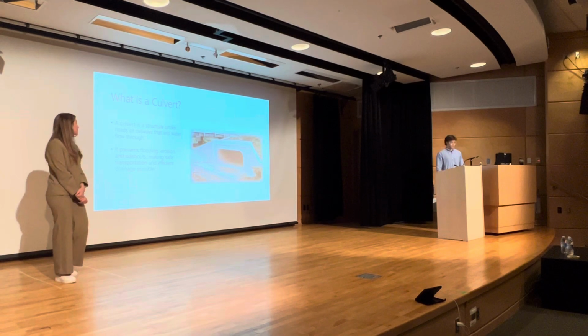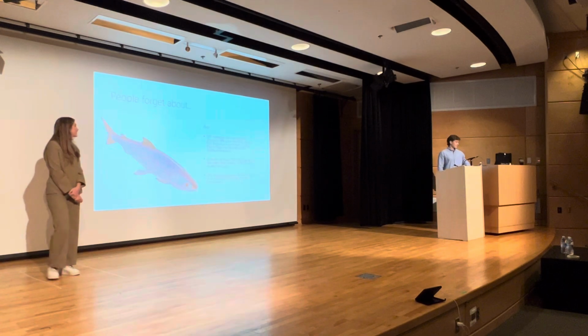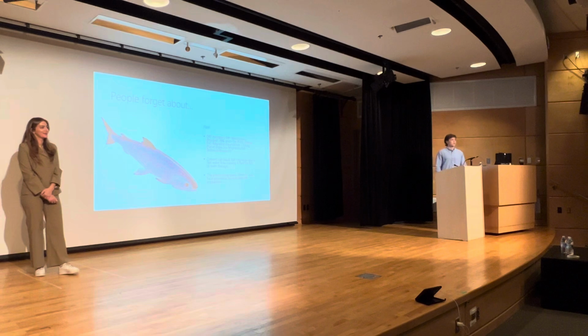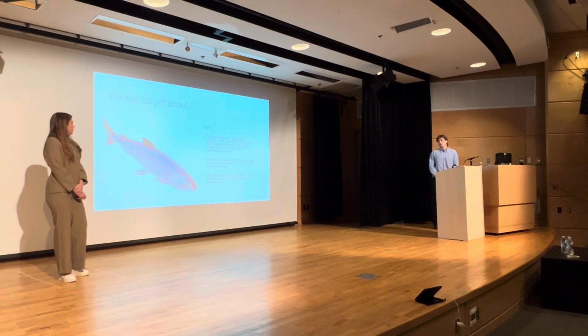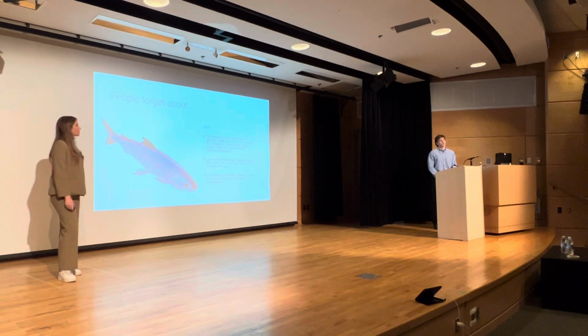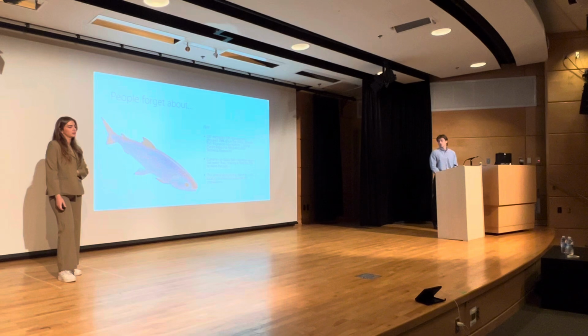But people forget about something very important. Fish. Migratory fish populations have decreased 76% since the 1970s. This isn't just due to recreational and commercial fishing industries, but also from human infrastructure such as dams and culverts.